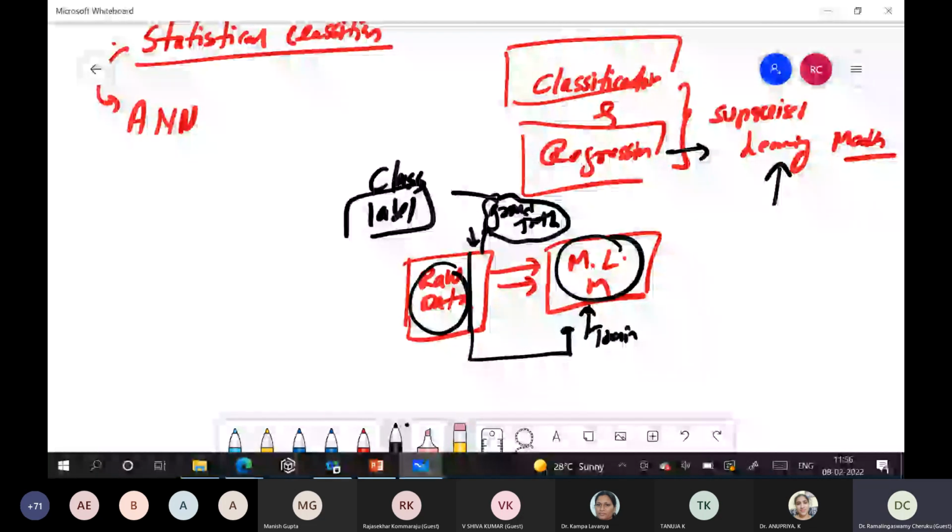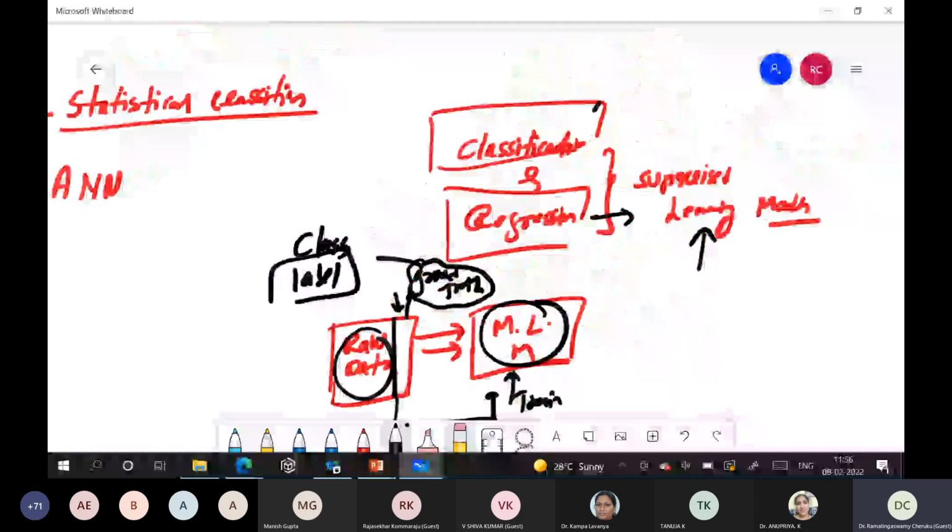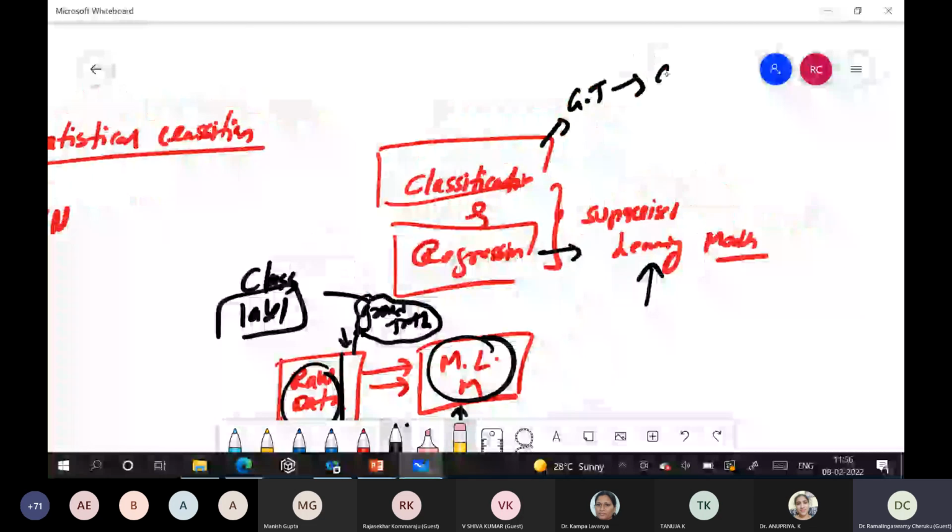Even regression models come under this category. The difference between classification and regression is that in classification, the output, the class label I mentioned, the ground truth information, is a discrete quantity.